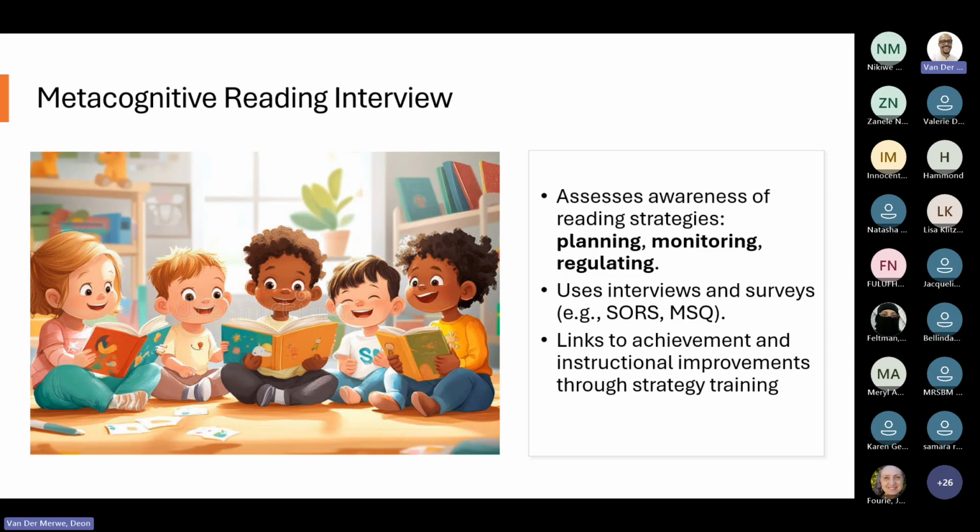So as an assessor, you can help by modeling your thinking during reading and encouraging your case child to verbalize their strategies to you, because that will allow them to start thinking about how they approach the reading experience.